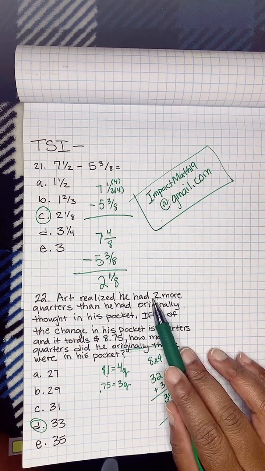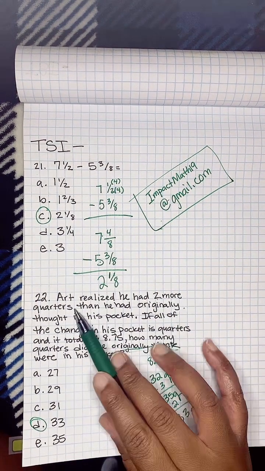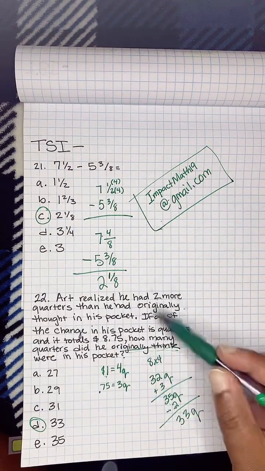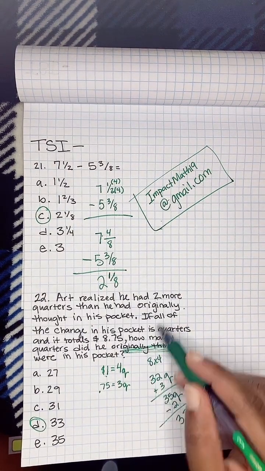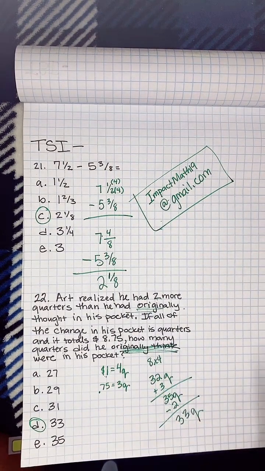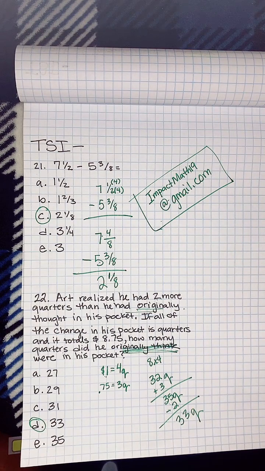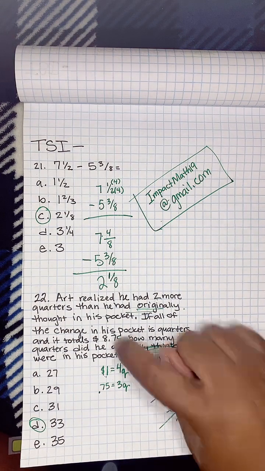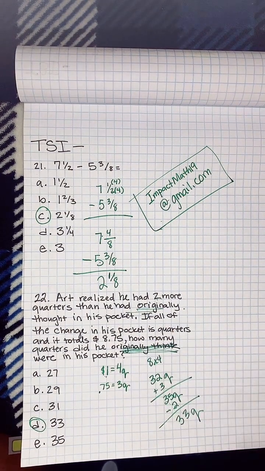Because he realized he had 2 more. But they're asking you, what did he originally think? So before he realized, you have to take away that 2. I hope that makes sense. Yeah, it was the original thought, not what he actually had totaled.